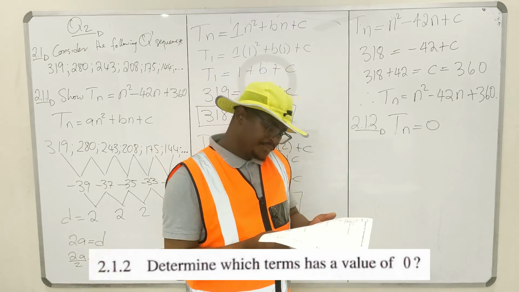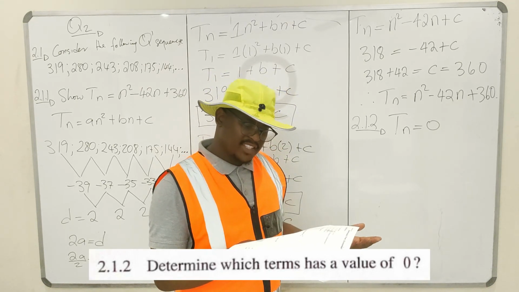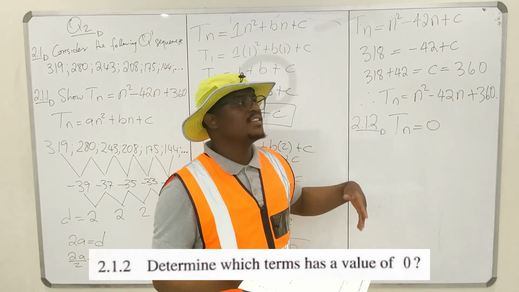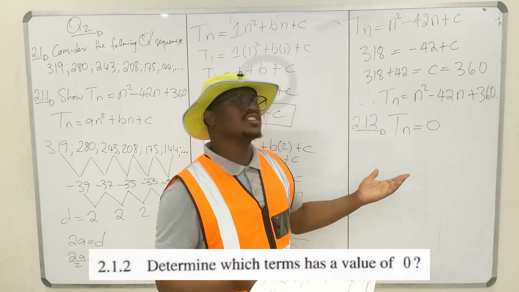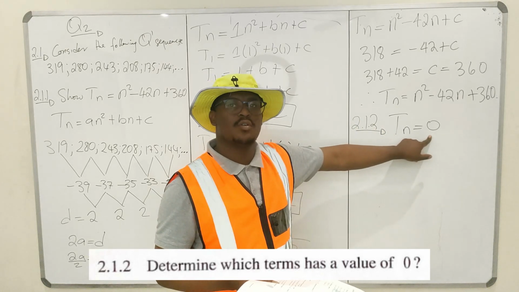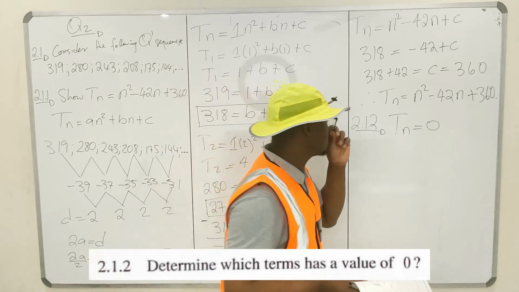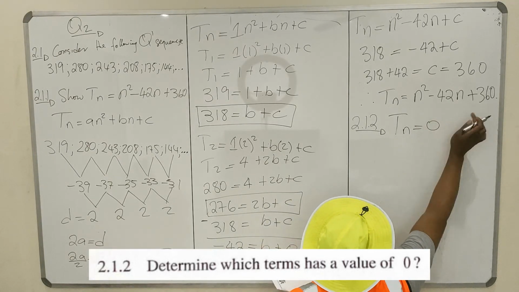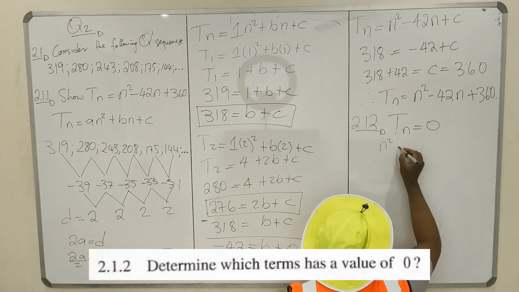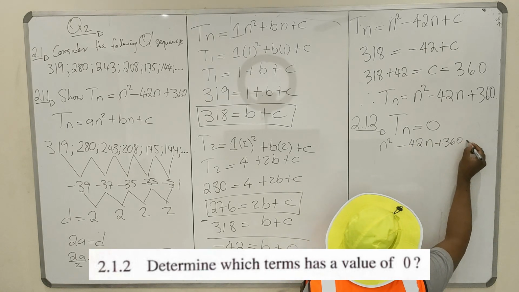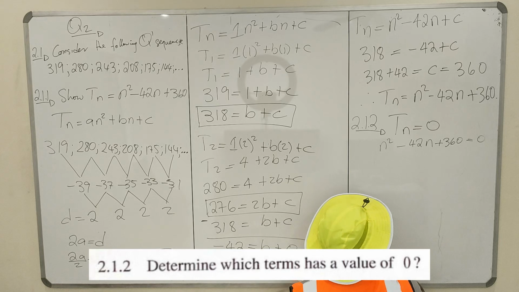So they are saying, find the positions in our sequence that will have the term 0, right? Which is straightforward. Say Tn is equal to 0. What is Tn? Tn is that thing there. So n squared minus 42n plus 360 is equal to 0, right?